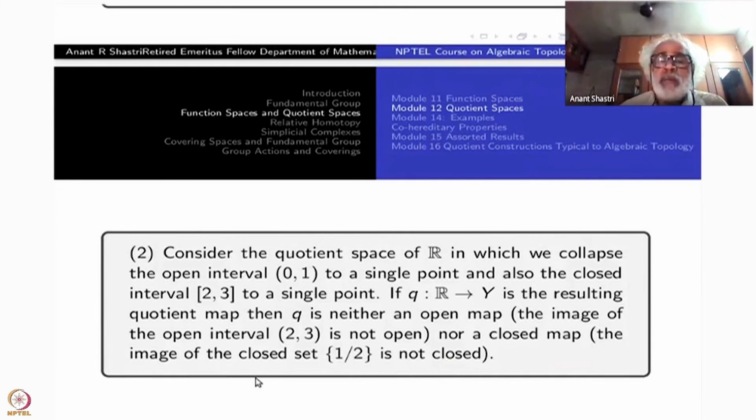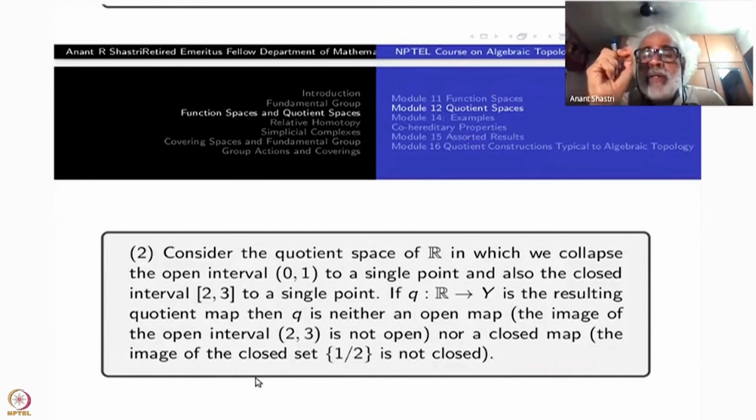The open interval (2, 3), the image of that under Q, Q of (2, 3), is equal to what single point? Namely Q of the closed interval [2, 3]. The closed interval [2, 3] and the open interval (2, 3) have the same image point.